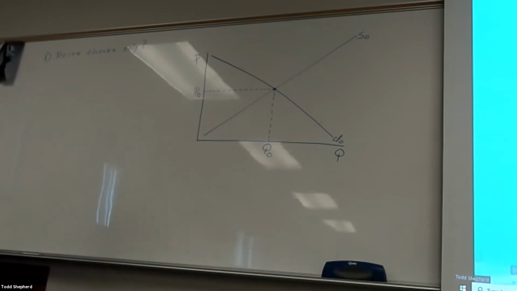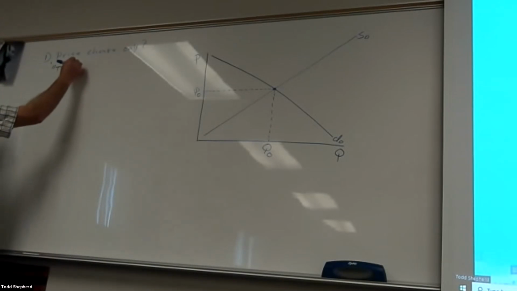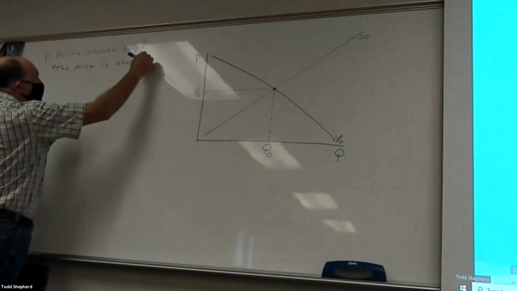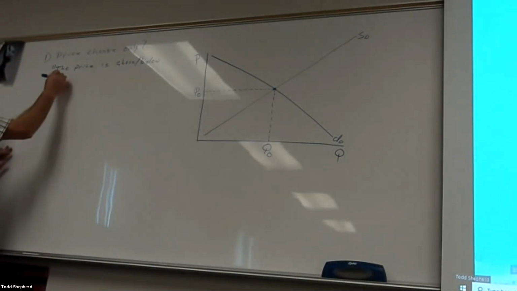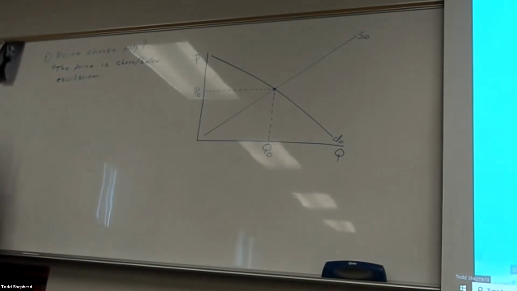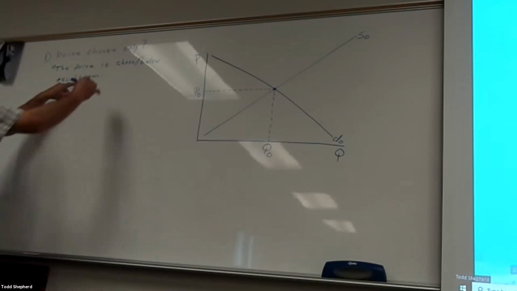So what that means is when you start reading the problem, it's going to state that the price is either above equilibrium or the price is below equilibrium, because it will state that specifically. And so that's when you start drawing, and then you figure out whether there's a shortage or a surplus or so on. All right, so be looking for that terminology specifically.